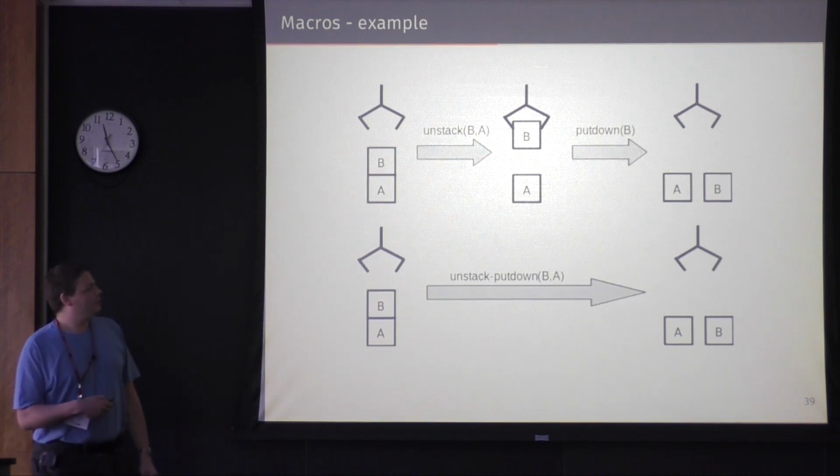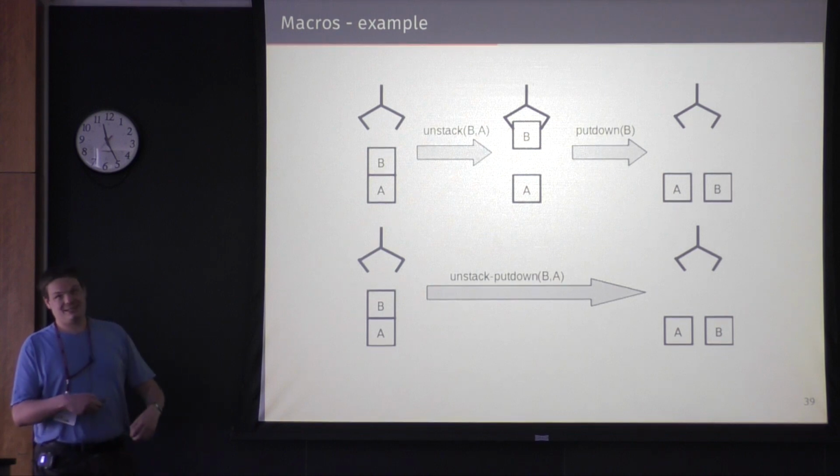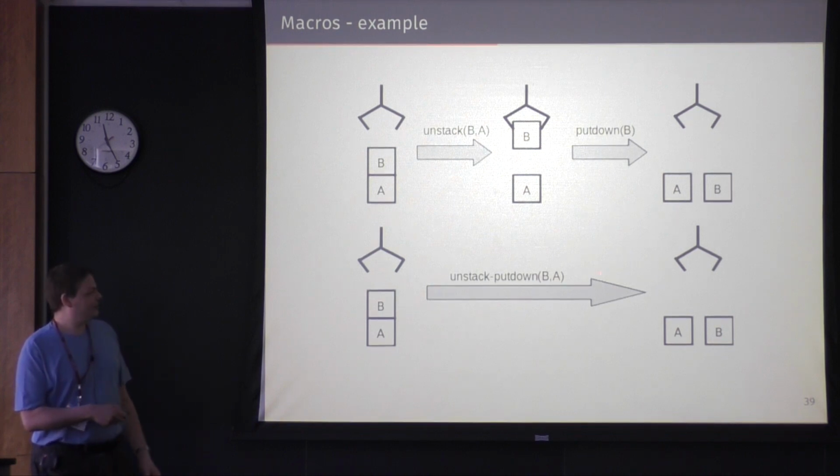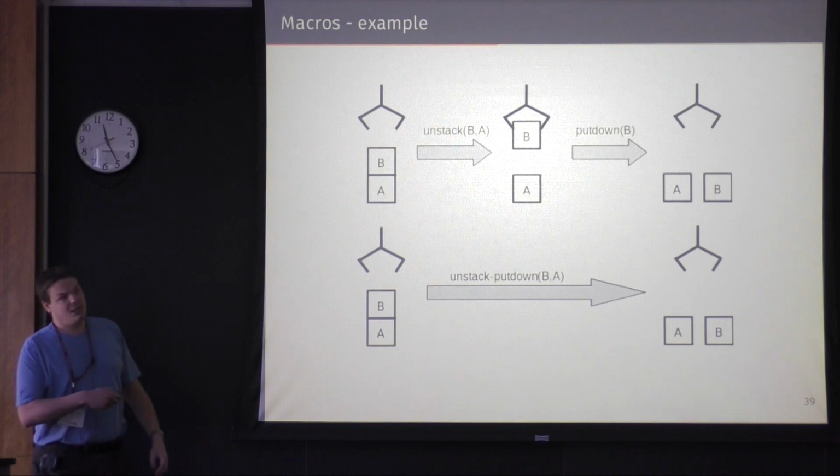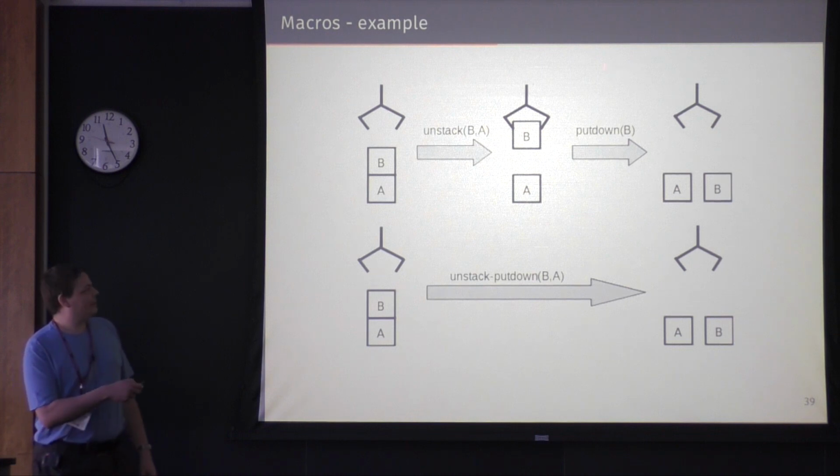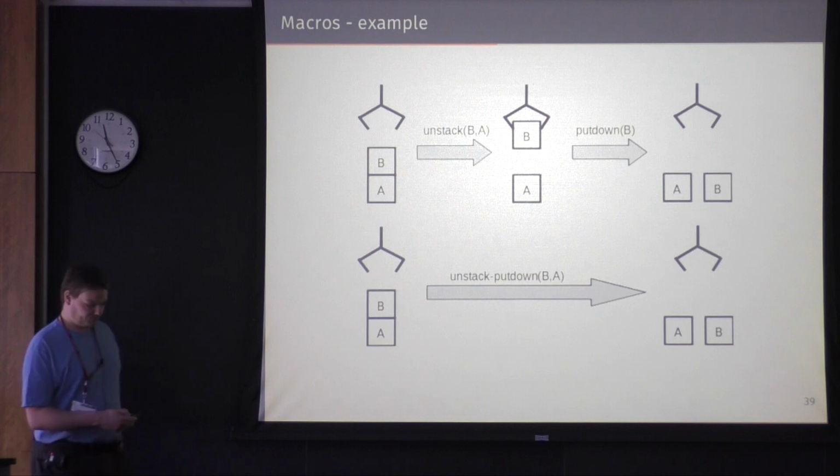If you want to assemble this sequence of ordinary operators into a macro operator, what you actually do is move that block from a stack to the table directly, without the intermediate state where you hold that block.